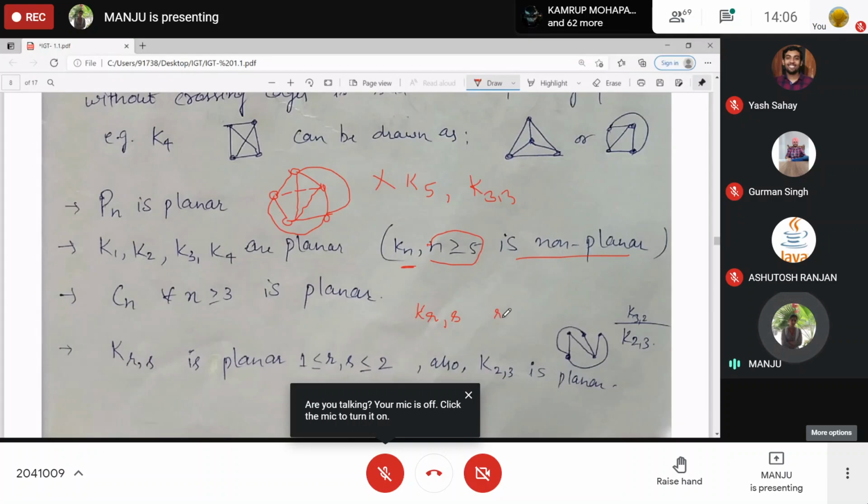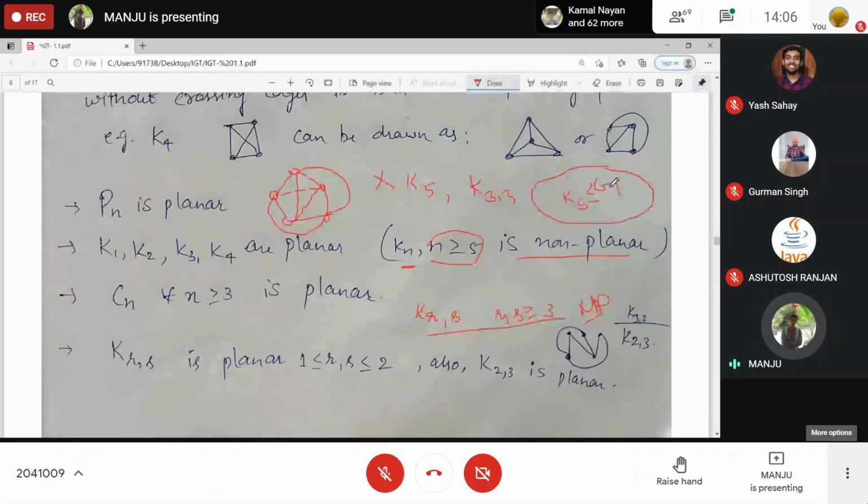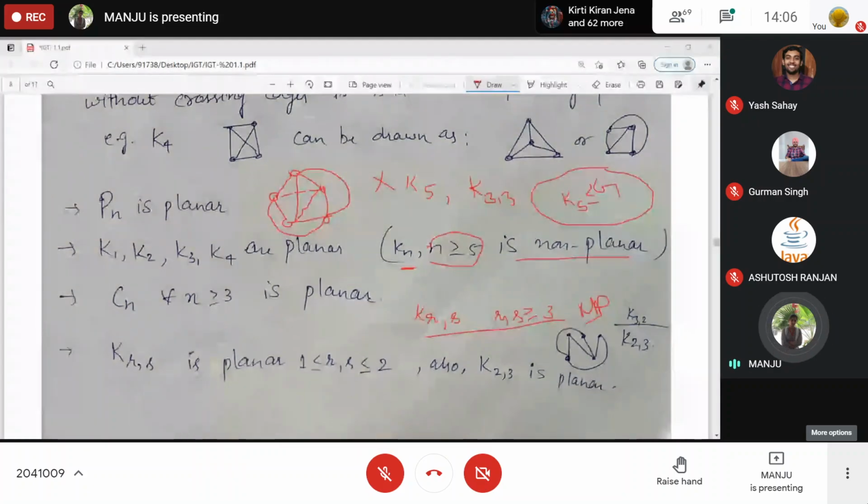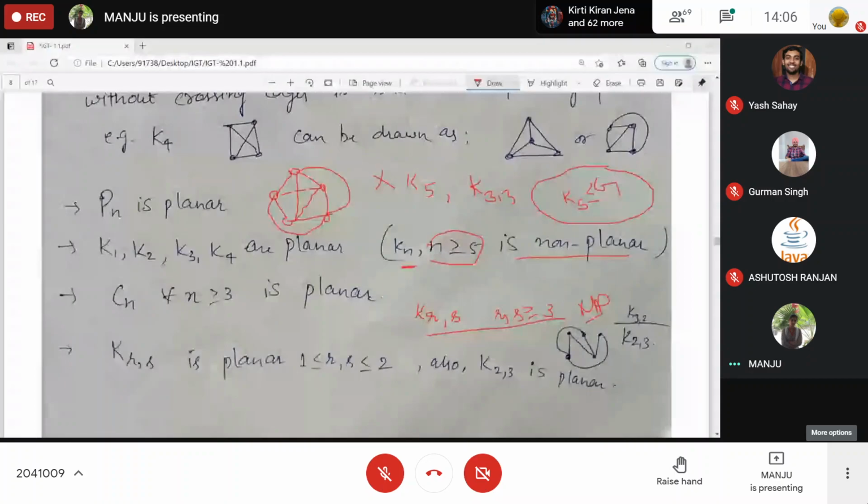For example, we can just take K5 as a subgraph of this graph. What can you say about this graph? Is it planar, non-planar, or what?